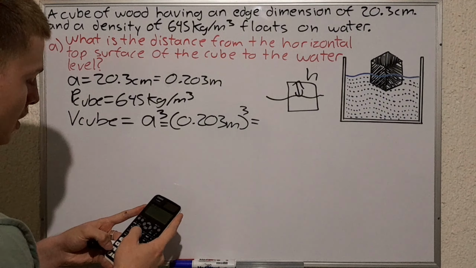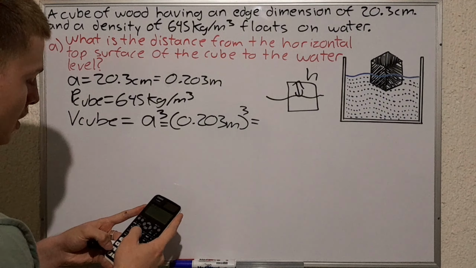cubic meters. Now there's a formula here that we're gonna use that says, hey, I've got the density of the water. Density of the water times the volume submerged of the cube, V sub, we're gonna name it, times the gravity.